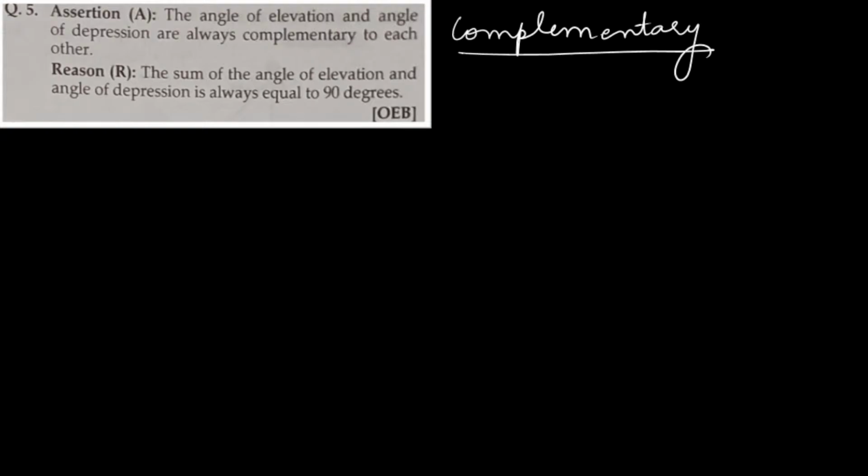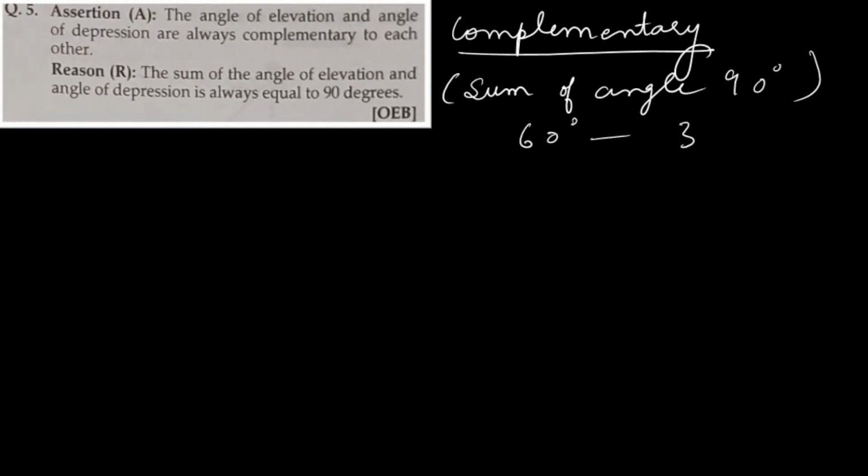Complementary angles: the sum of the angles should be 90 degrees. That means 60 and 30 are complementary, and 20 and 70 are complementary. This type of angles are complementary.